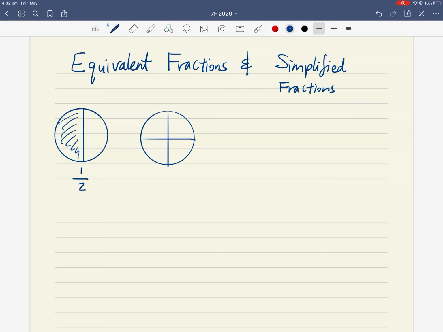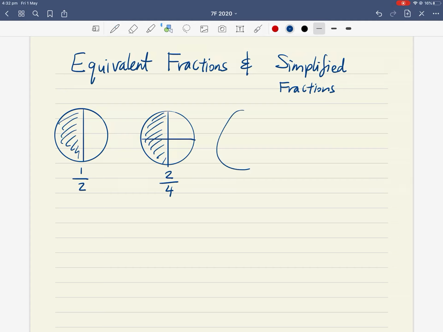Well, how many slices do you have to take to be half of the slices? Well, if you take half a pizza, technically you have taken 2 out of the 4 slices in total. So 2 out of 4 slices is really the same amount of pizza as 1 out of 2 slices of pizza.